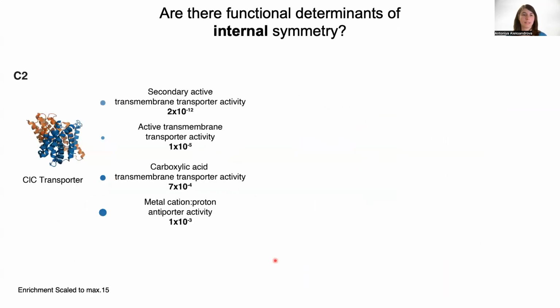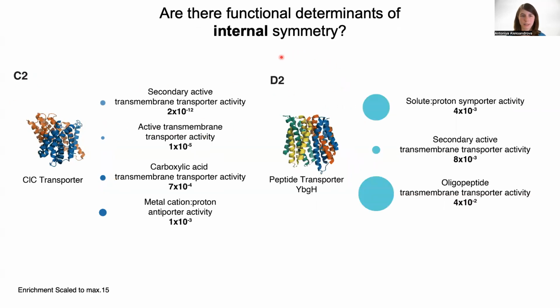So, as I said, secondary active transporters are enriched in the C2 symmetry, but they also show up in the dihedral D2 symmetry. However, here, the secondary active transporters are transporting larger peptides, and that probably is enabled by the flexibility that this dihedral fold allows.